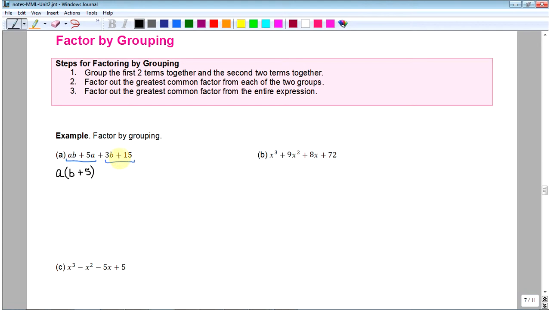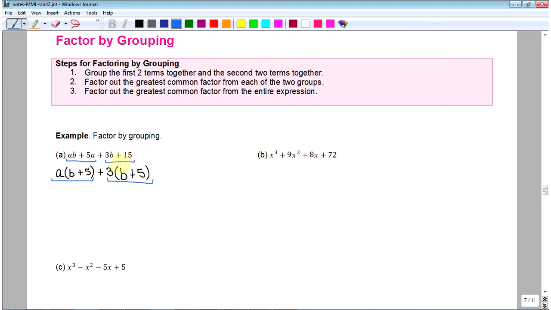In my second two terms, 3b and 15, I can factor a 3 out. In parentheses, we write what we have left. So in my first part, I have a b left, and from the 15, it now becomes a 5. So notice now we have two terms resulting.